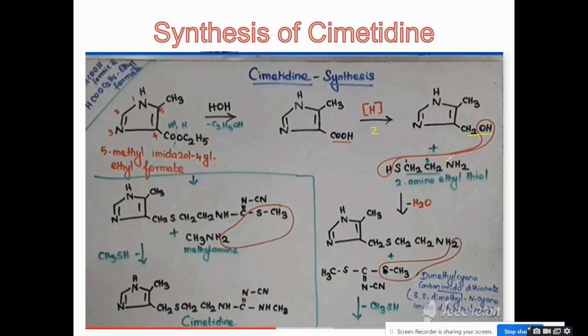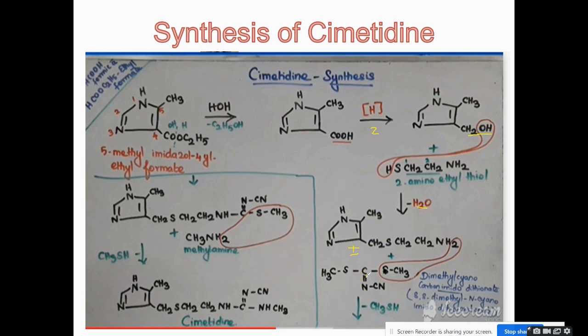This 2 amino ethyl thiol group is reacted with intermediate second. So a water molecule is separated and the intermediate third is prepared. So this is your third intermediate, which consists of methyl at 5 position, and at fourth position we will consist of amino ethyl thiol group.